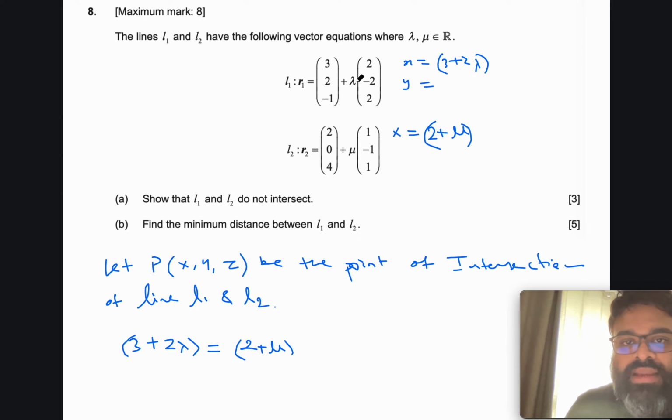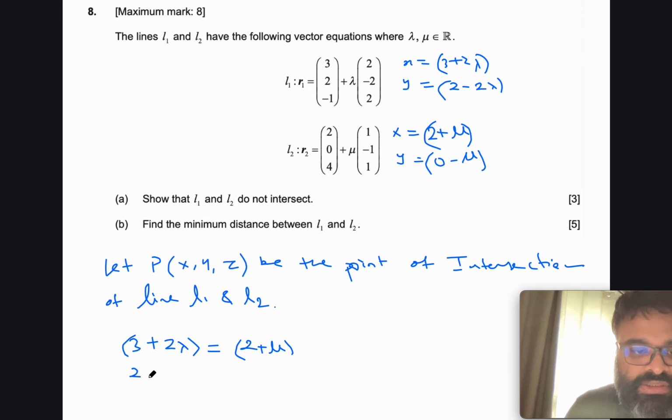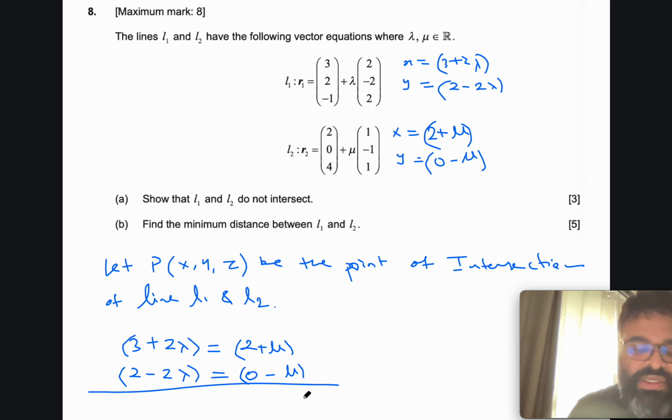And for y, 2 minus 2 lambda has to be equal to 0 minus mu. You can simply solve these two equations and find mu and lambda, but now I want you to see that if I try to solve them simultaneously, if I add these two equations, it is 5, 3 plus 2, and on the other side 2 plus 0, which is 2, and mu and negative mu cancel out.